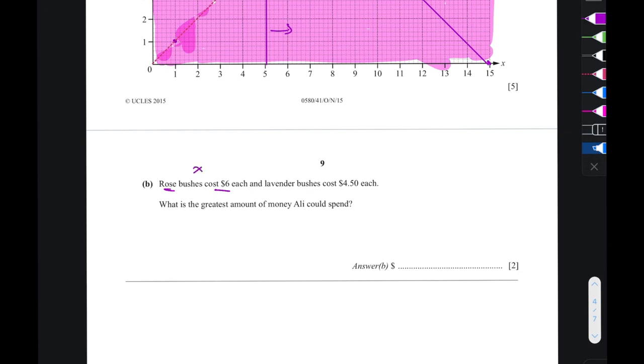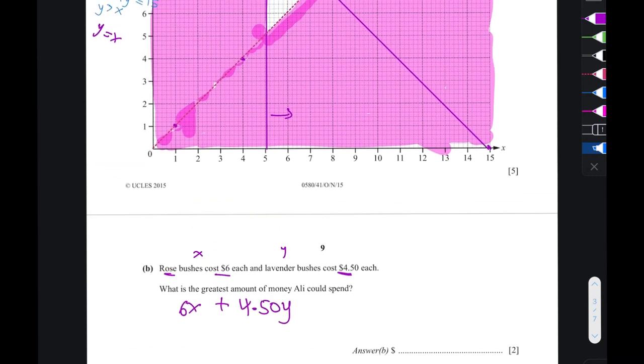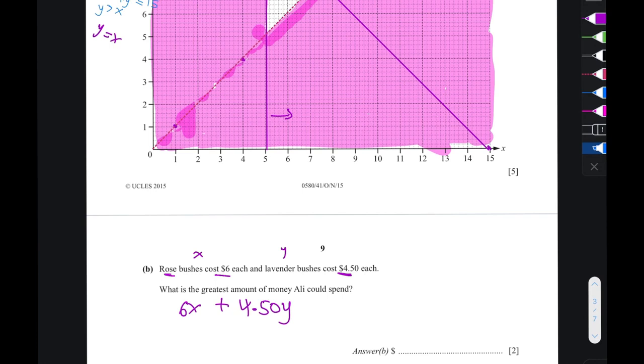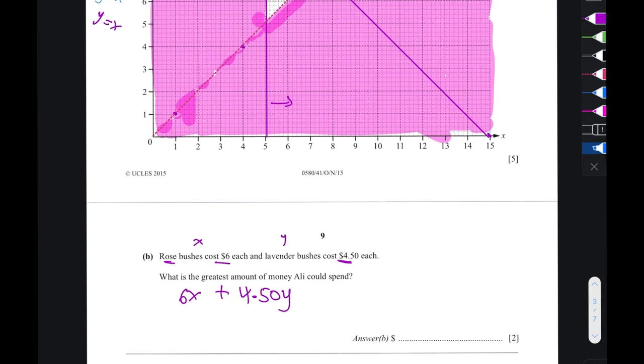We know rose is x, and lavender costs 4.50, which is y. So your cost function is now 6x plus 4.50y. They said we should find the greatest amount of money Ali could spend, right?